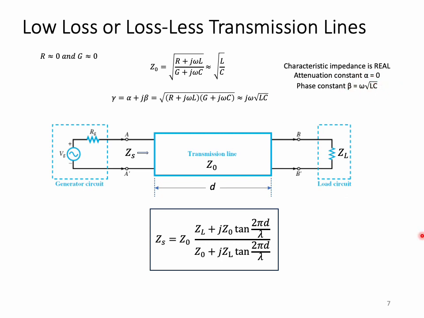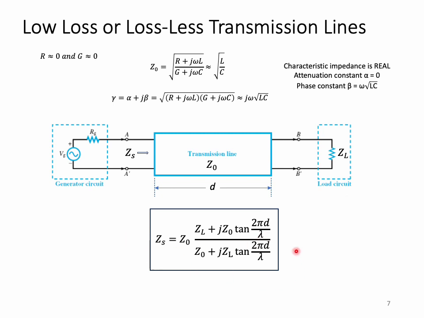So with a little mathematics, we can show that if we terminate a transmission line in a load impedance ZL, then the impedance looking into the line at this point is going to be a function of ZL, the characteristic impedance, the length of the line, and the wavelength at which we operate.